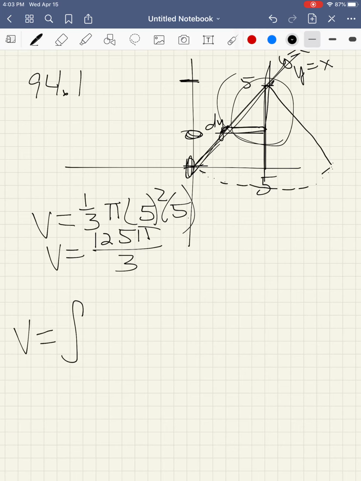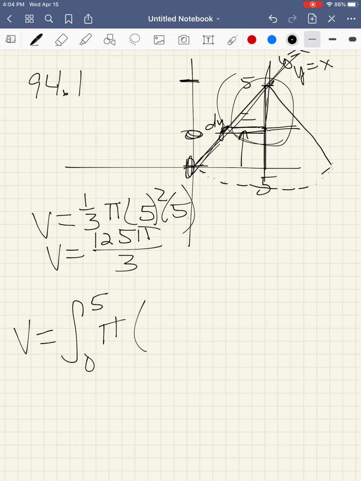So the volume will be equal to the integral from 0 to 5 of pi times the radius, which would be this distance in here, from here to here. If this is y, then this radius would be any point here.